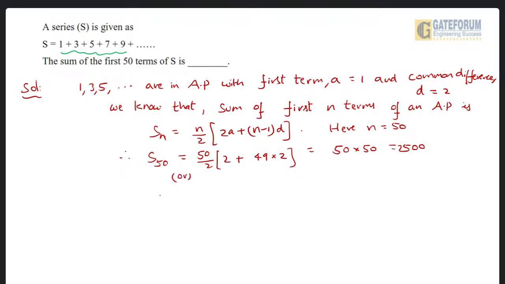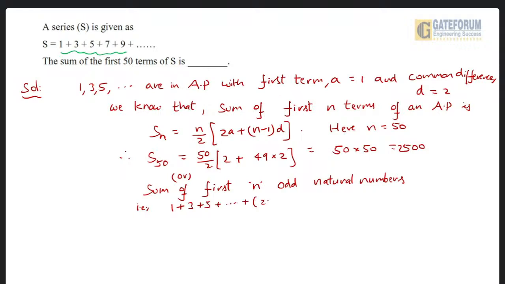Or, the sum of the first n odd natural numbers, that is 1 plus 3 plus 5 plus so on up to 2n minus 1, the nth odd number, is equal to n square.